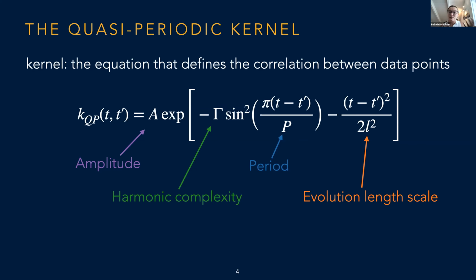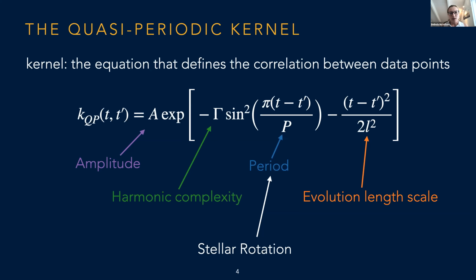To some extent, it doesn't really matter if they're physical or not, because they're useful. But it would be cool if we could get something physically meaningful out of them, particularly with the period. From previous work, for example studies by Ruth Angus, we can get information about stellar rotation period from the period in the quasi-periodic kernel.